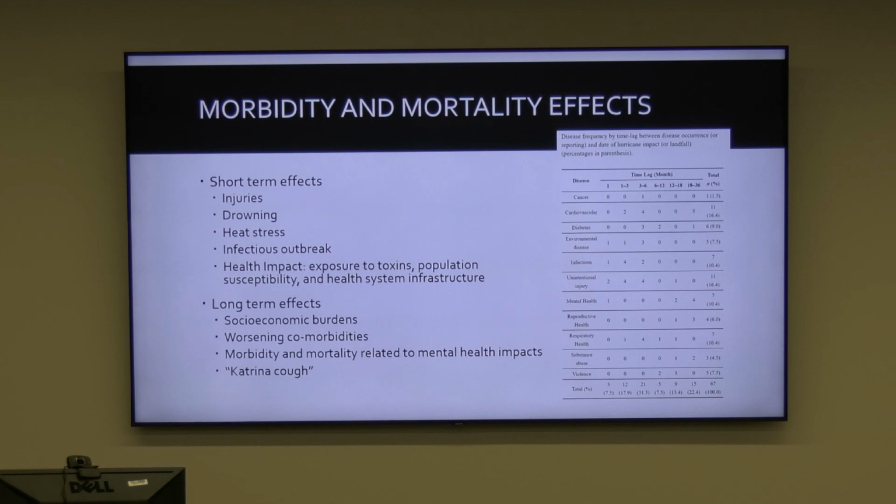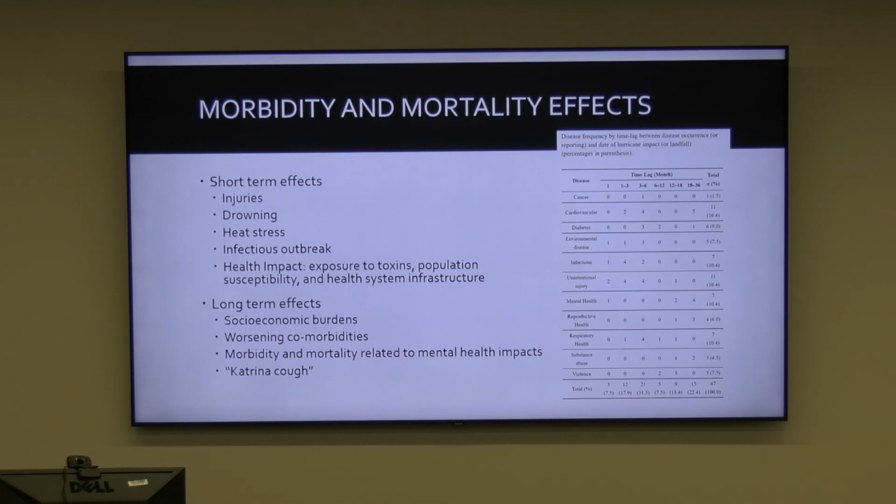In addition to that, mental health is a huge concern. The mental health, as shown on this table here, was really a long-term effect more than anything else. It really affected patients about 12 to 36 months out from the disaster. This can include worsening depression, but also PTSD, things like that.